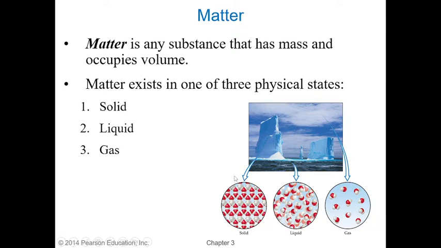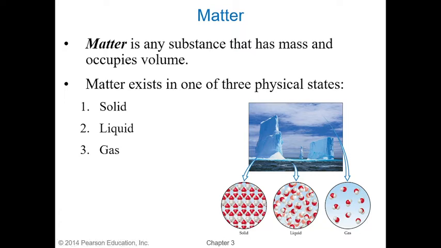So shown here is a picture of water in three different states. So your ice here in the iceberg, that is your solid. Then you have your seawater, so it's in the liquid form, and the water in our atmosphere, so that is your gaseous state of water.